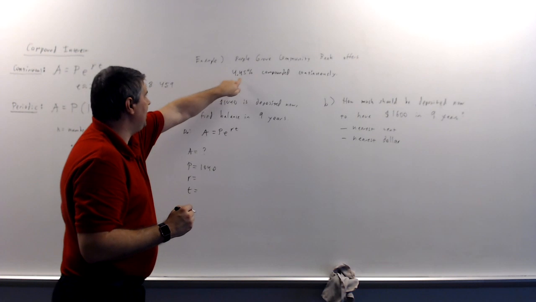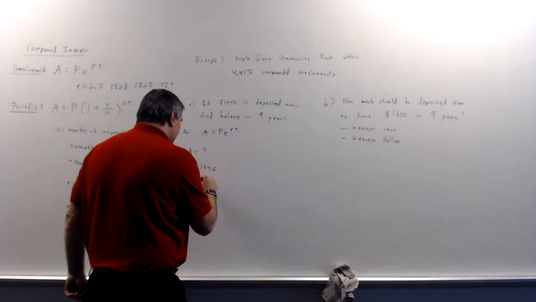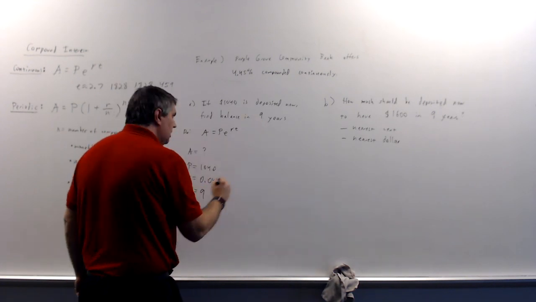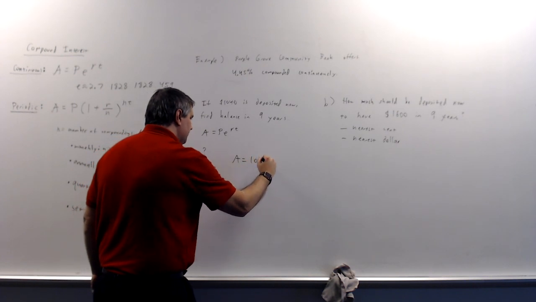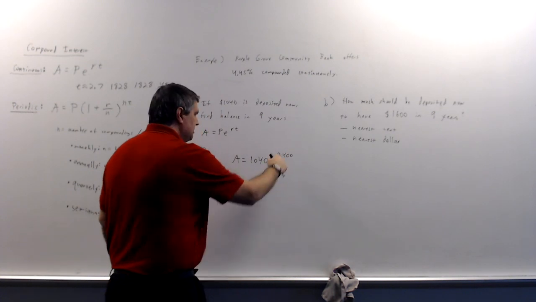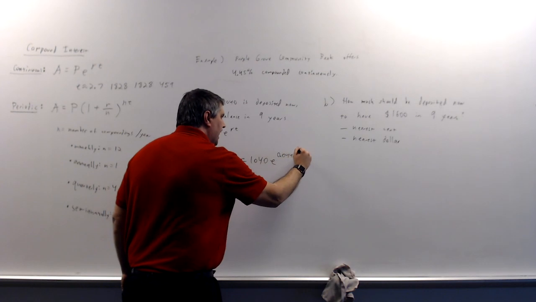Rate, either move the decimal point over 2 places or just divide that by 100, is 0.0445, and t is 9 years. So A equals 1,040 times e to the 0.0445 times 9 power.